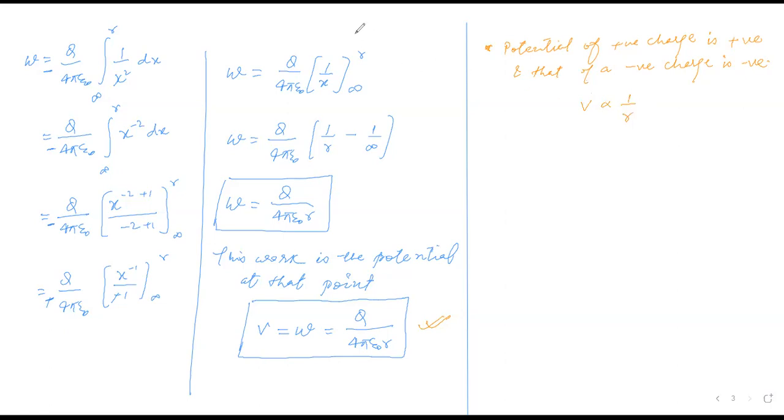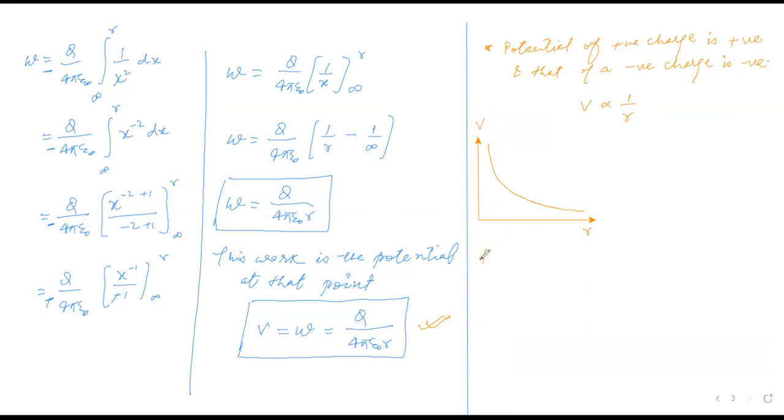If you want to draw the graph for this, you can draw it like this. This is your graph, like a hyperbola. This axis is R and this one is the volt.